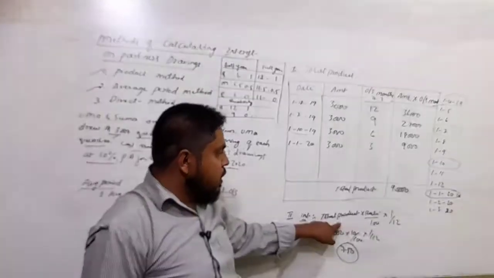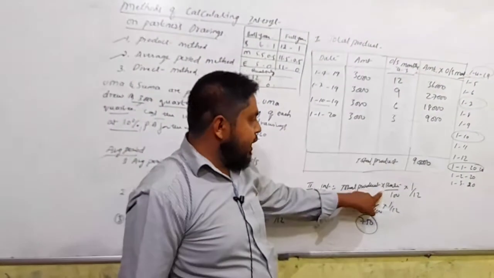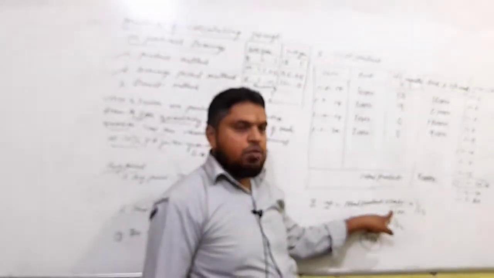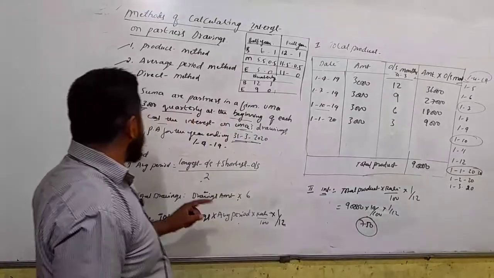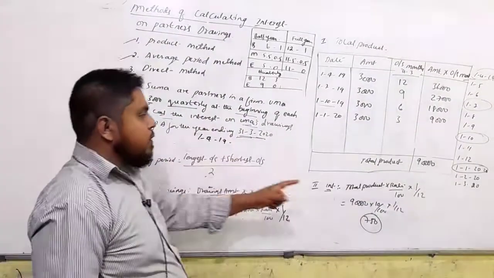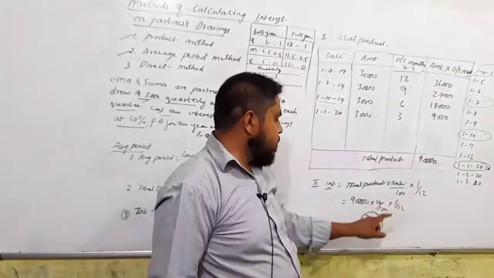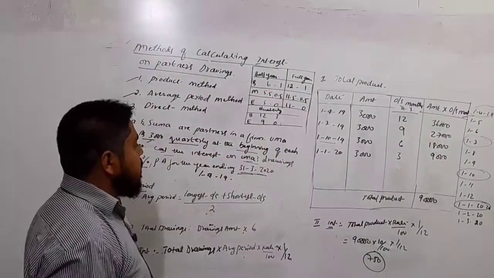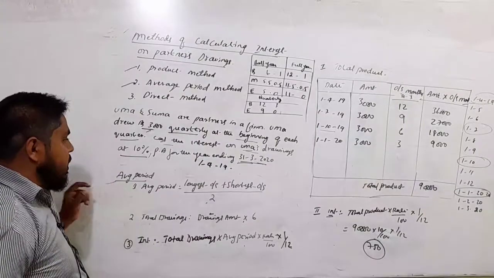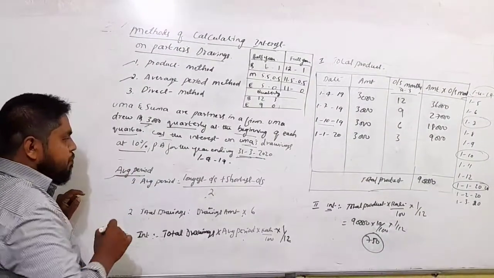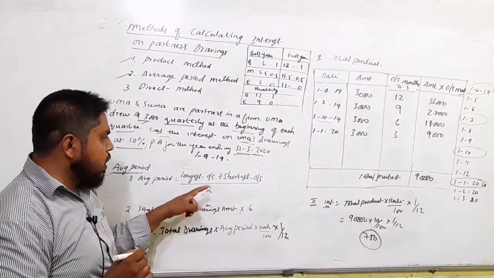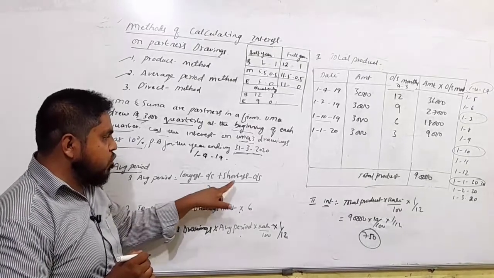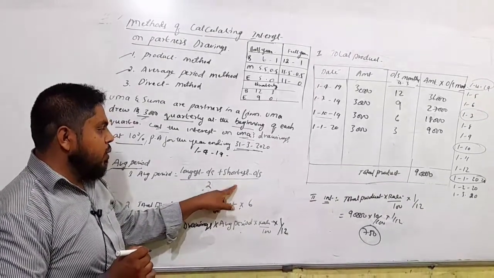The formula is total product into rate. Rate means the interest rate which has been given in the question. So interest is 10% into 1/12. So the answer is 750. Now the same under the average period method. Under the average period method, first we have to find out longest plus shortest outstanding divided by 2.